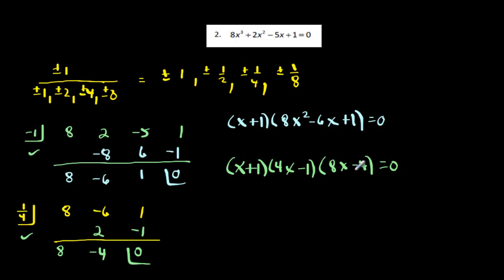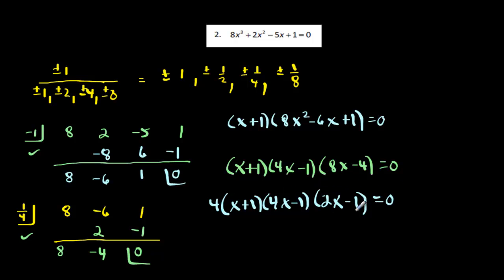We can continue to factor this because with 8x minus 4, you can take out a 4. If I put the 4 on the outside, 8x divided by 4 gives 2x, and then minus 1, because negative 4 divided by 4 is negative 1.